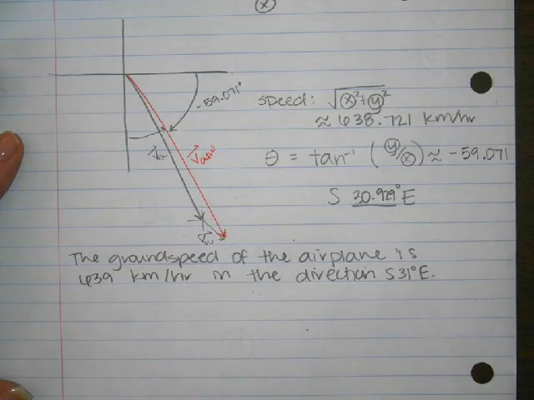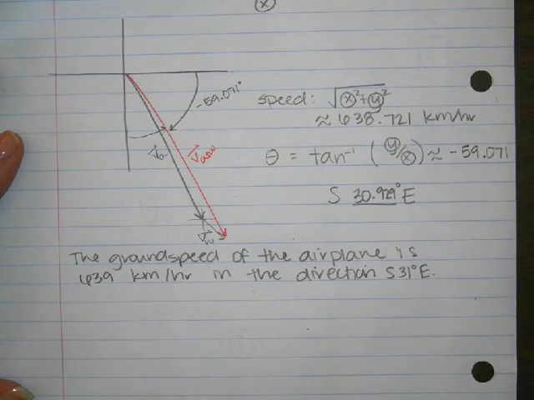So the ground speed of the airplane is 639 kilometers per hour in the direction south 31 degrees east. Do you guys see how repetitive the problem is? Yeah. Okay. So when you're done with this one, I want you to try number 9. We're going to go ahead and try number 9.